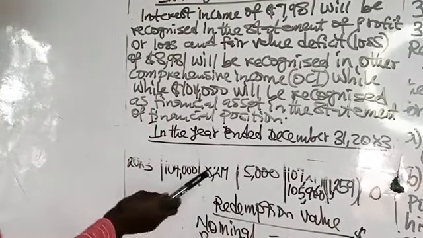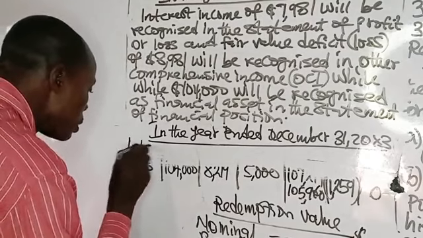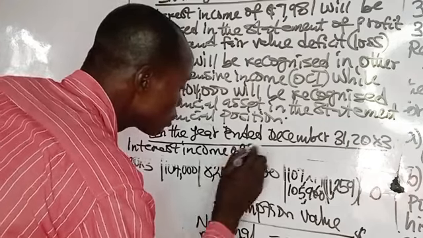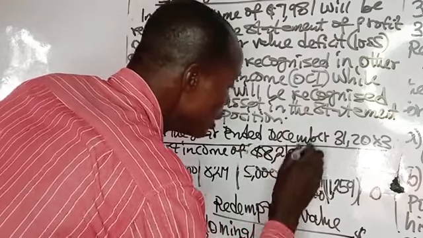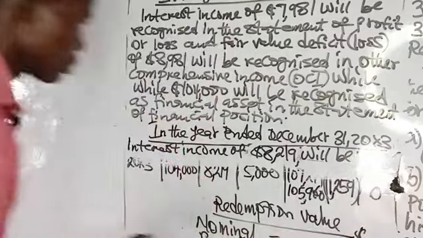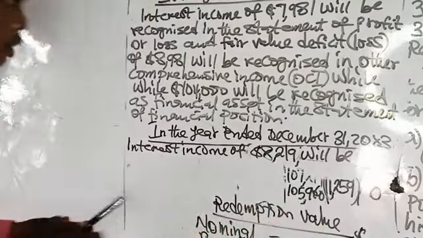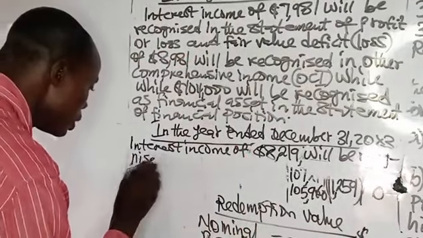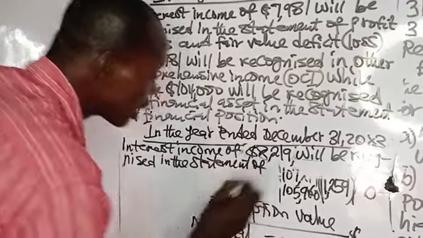You have interest income of 8,219 recognized in the statement of profit or loss.